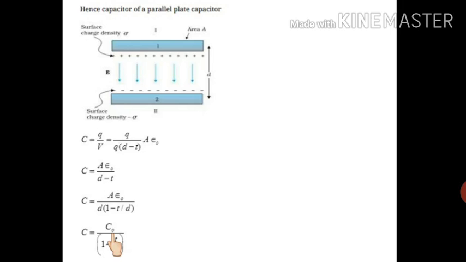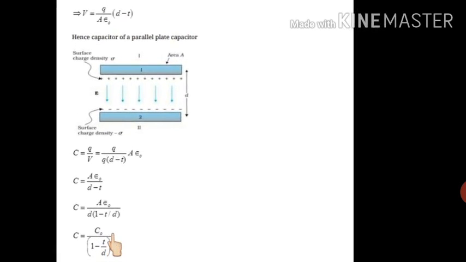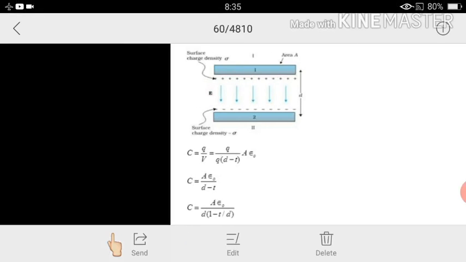It is C0, when nothing was there between the two plates. So this is the expression for the capacitance of a parallel plate capacitor when a conductor is placed between the two plates. I think this is clear, and this we have already done.